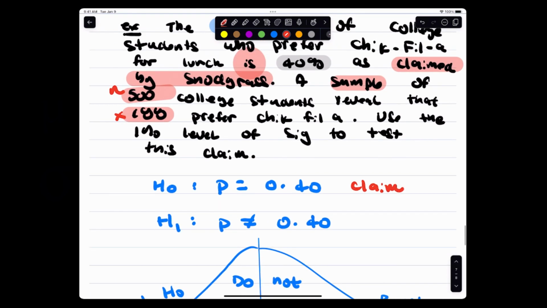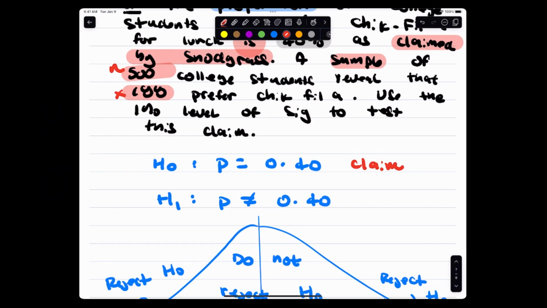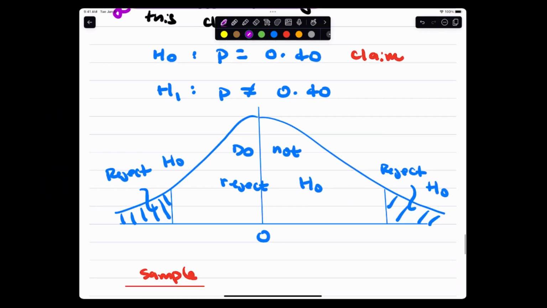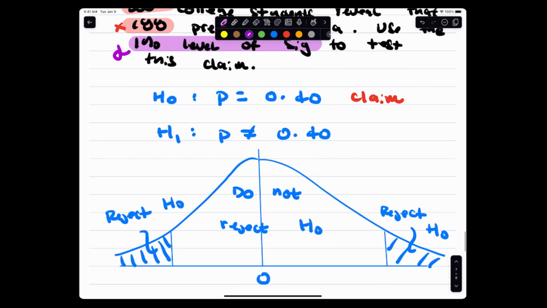And then what do they say? Use the 1% level of significance. Alpha equals 1%.